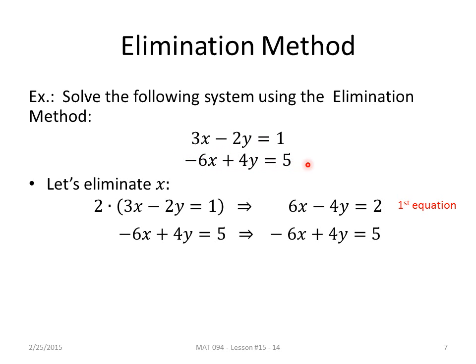It really is not going to change anything because I already have the minus 6 that I want to go with this plus 6. So I just write it down below. So here are my two equations now. First equation and second equation. First equation has been modified. The second one did not need to be.